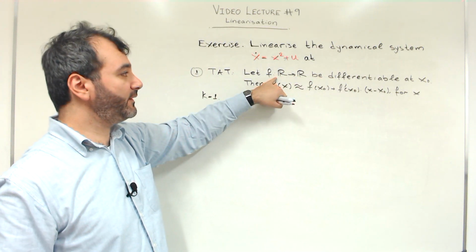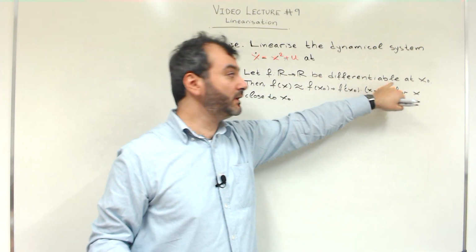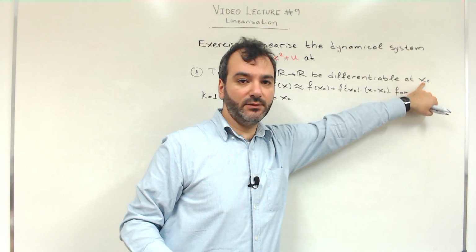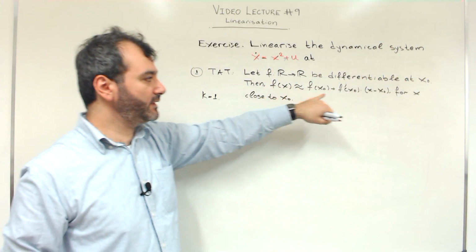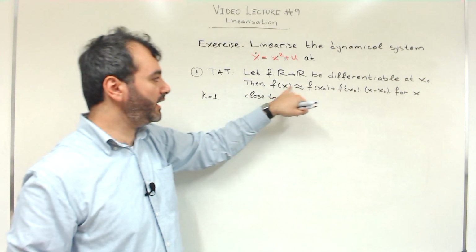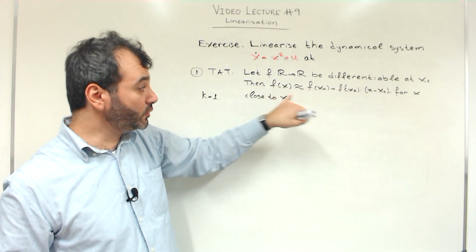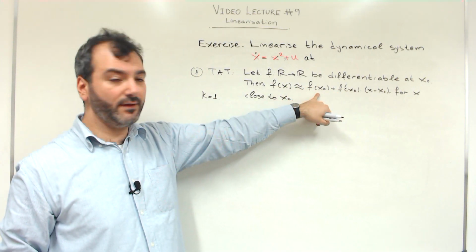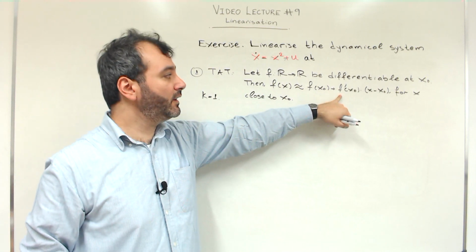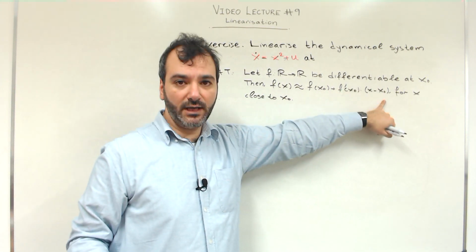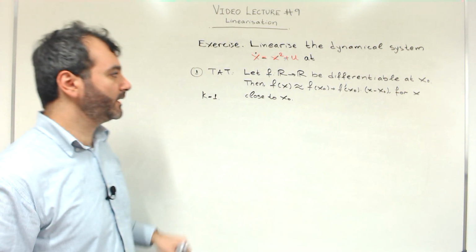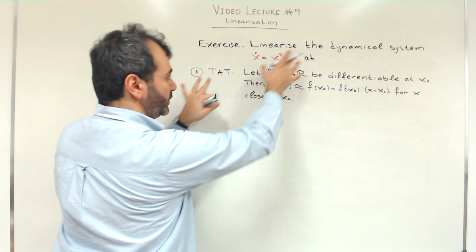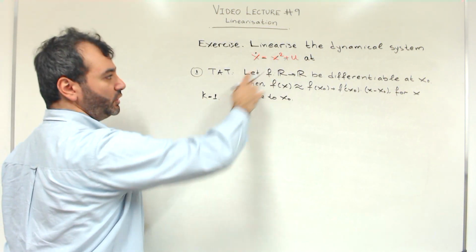It states that if a function f is differentiable at the point x0, then we have the following approximation: f at the point x close to x0 is equal to f at x0 plus the derivative of the function at x0 times x minus x0.